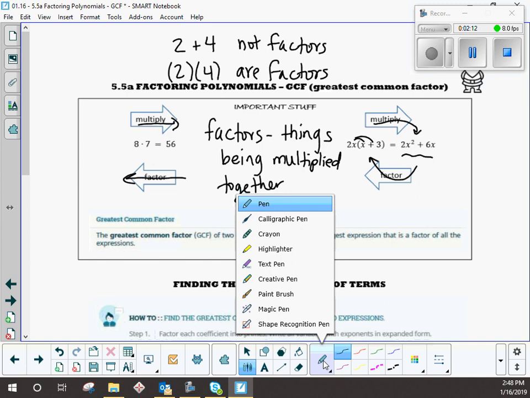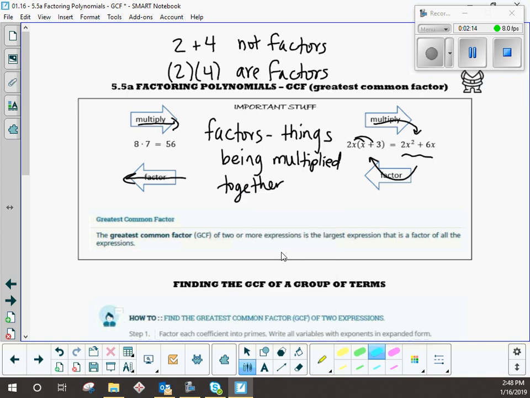And one thing I want to point out here is that a moment ago, at that example up top, I told you 2 plus 4 are not factors, but 2 times 4, those are factors. Right here at this step where I said these are factors, here's what I mean. I mean this 2x is a factor, and this entire group x plus 3 is a factor, okay?